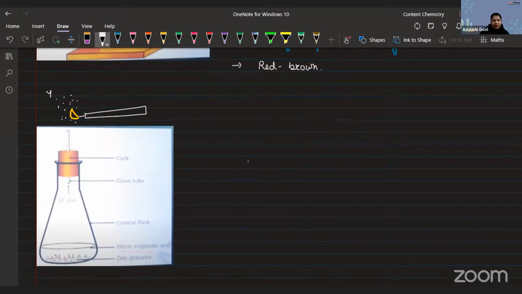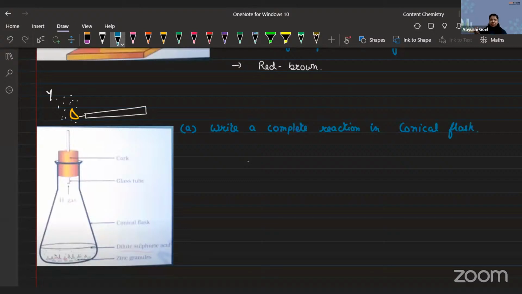And this is your Y. Same again questions, A, B, C, D type. A, write a complete reaction in the conical flask.